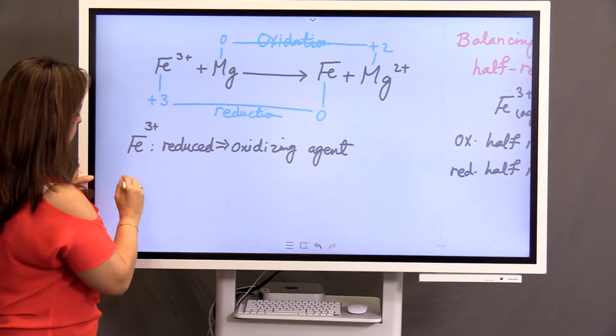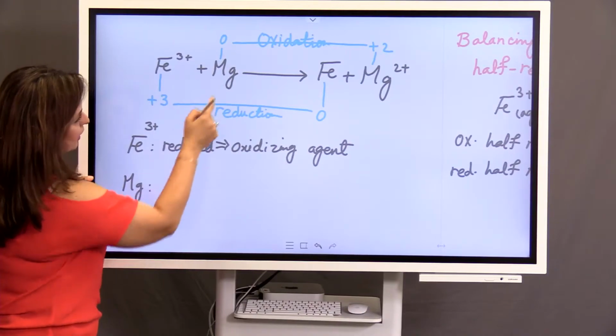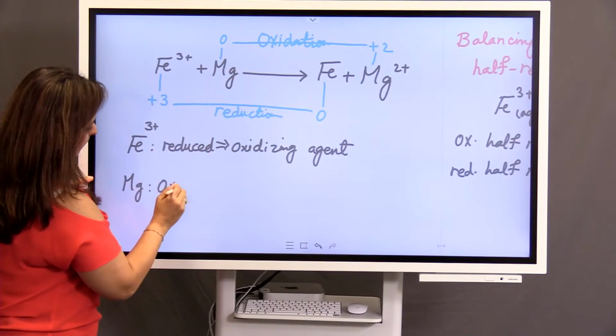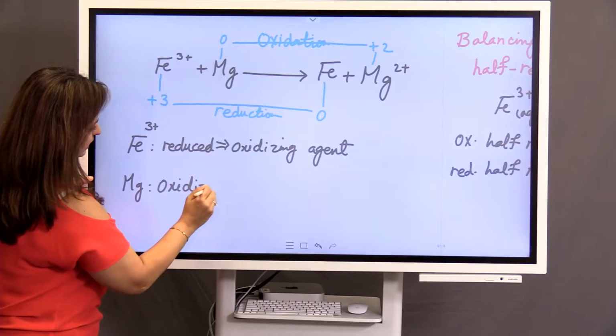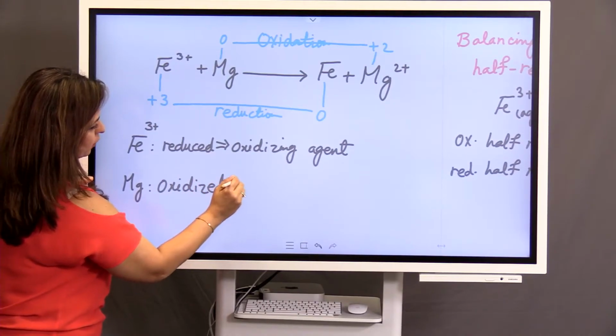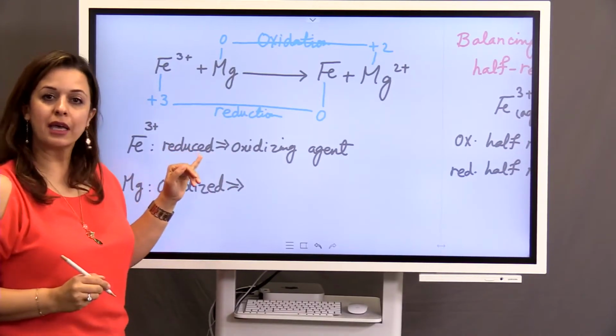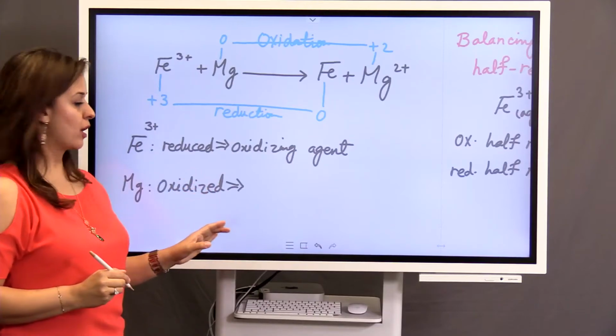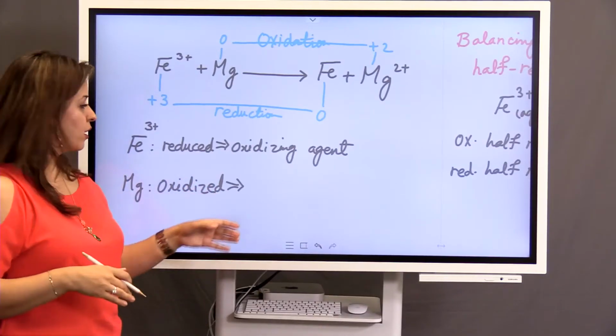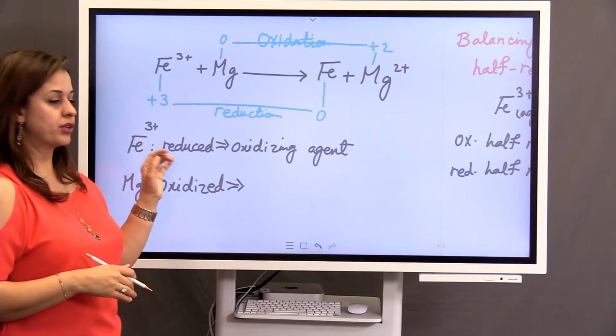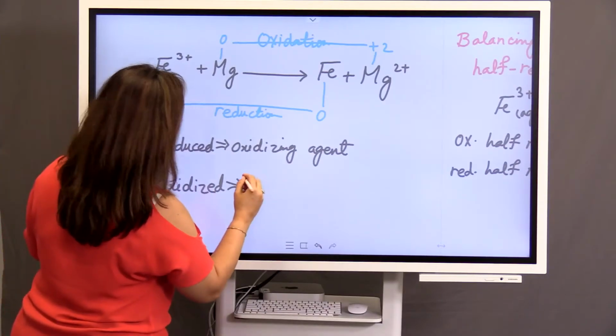For magnesium we said it's oxidized, right? Means it loses electrons. So is it okay if I say it's reducing agent? Because by losing electron, it induces the reduction to iron ion.